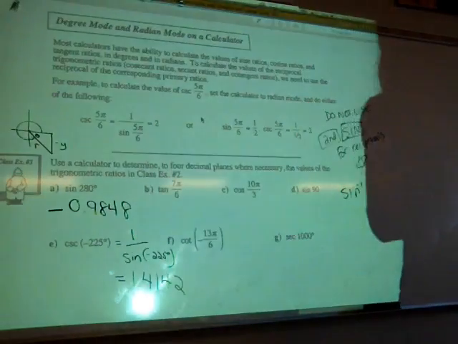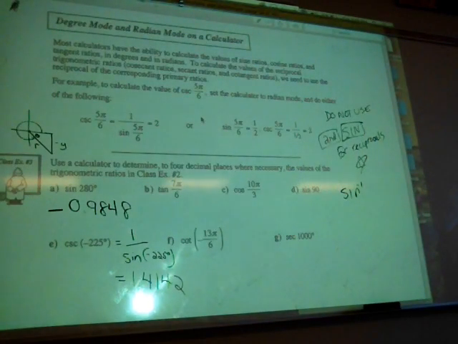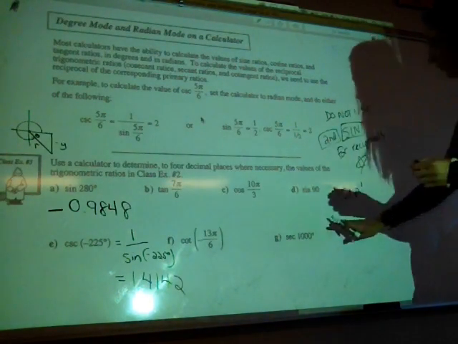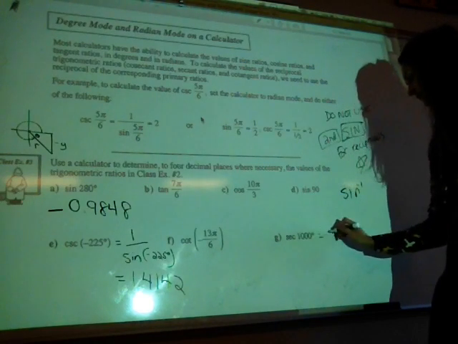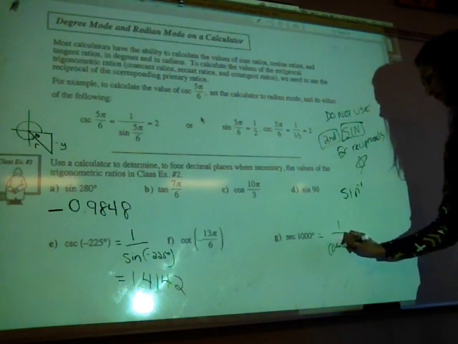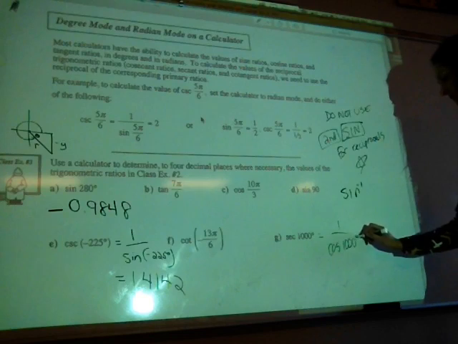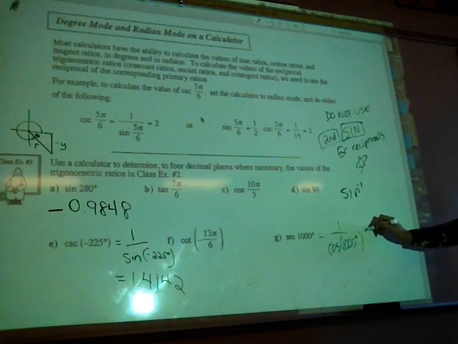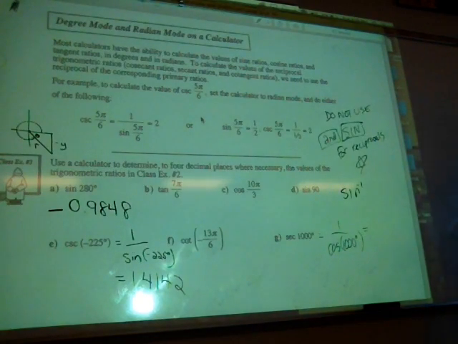Do we see any other questions that have degrees? Okay, G, secant 1000. So that would be 1 over cosine 1000 degrees. What do we get there? I already answered them, so I might as well verify with you guys. 5.7588.